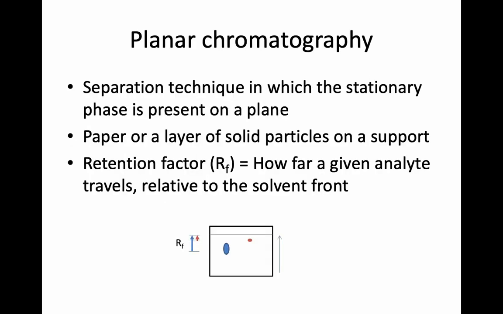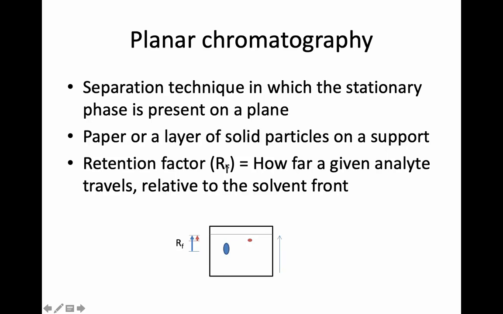Okay, as I said, a first very simple chromatography assay, just analytical chromatography, just to determine what molecules are present in a certain solution, is called planar chromatography. And the idea is that we basically use a paper or a layer of solid particles as your stationary phase.